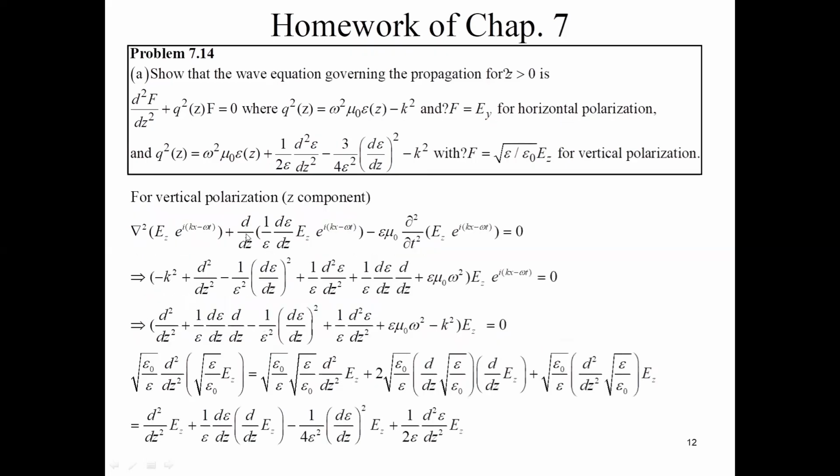And then for the vertical polarization, which is the z component, we substitute the E field with E_z times also exponential i(kx minus omega t). By numerical calculation, we can get this term, and it will also reduce to this formula.